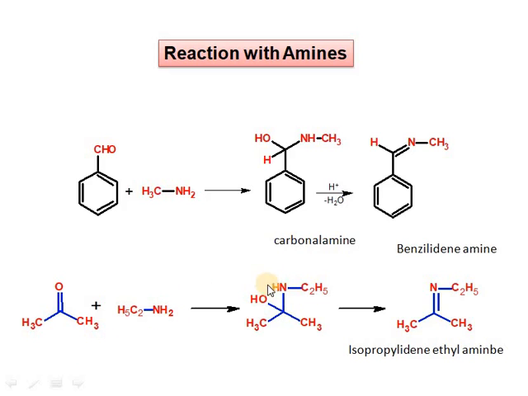Then this proton and this OH are removed as a water molecule to form the carbon-nitrogen double bond here. So the name is isopropylidene ethylamine. Right? This is another type of amine reaction with acetone.